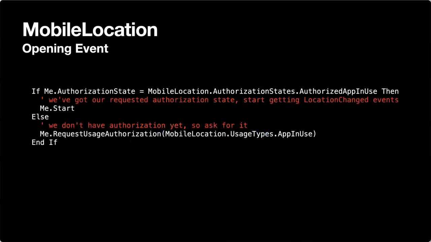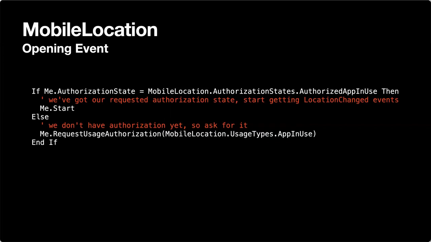What you're going to want to do is, at the point on the screen that you're using it, in this case in the Opening event, check the authorization state, because you need to be authorized to use this because a user's location is private information. There's an enumeration you can check, MobileLocation.AuthorizationStates.AuthorizedAppInUse.